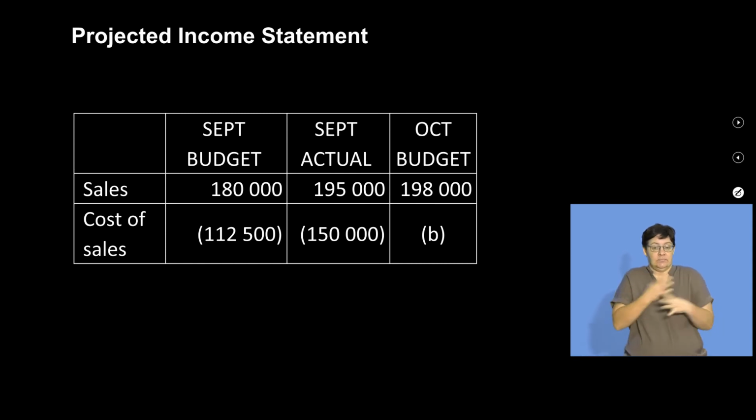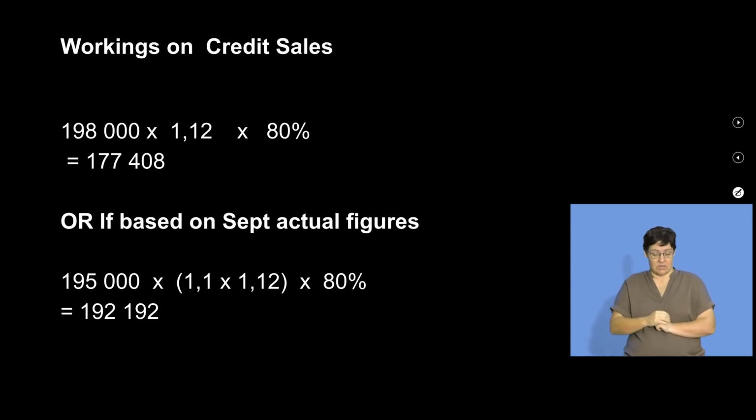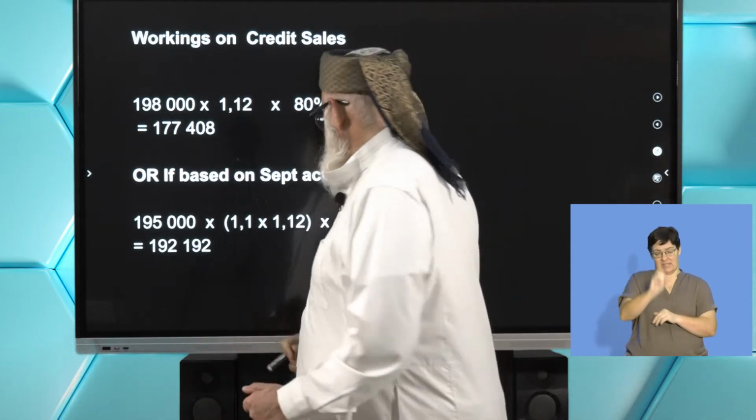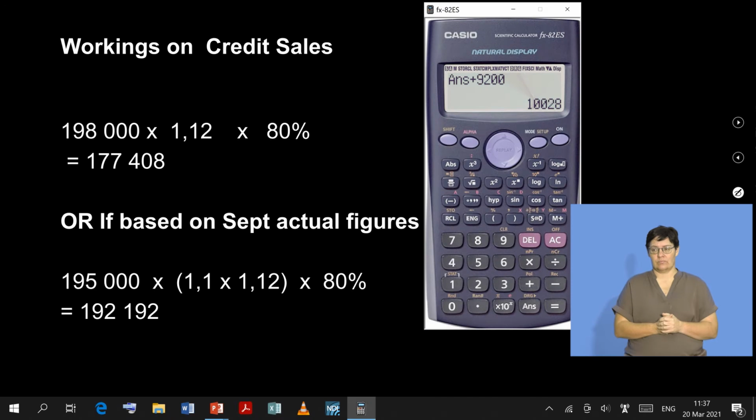Watch, this is what we do. You start off by looking at your October sale. Your October sale is 198,000. So you take your 198,000 times 112. Why is it 112? Because the increase is 12%. Let's do that. Okay? So you start off with your 198,000, right? Times the 12%, which is your increase amount, and you get a figure of that plus the 198,000 to give you a figure of 221,760.